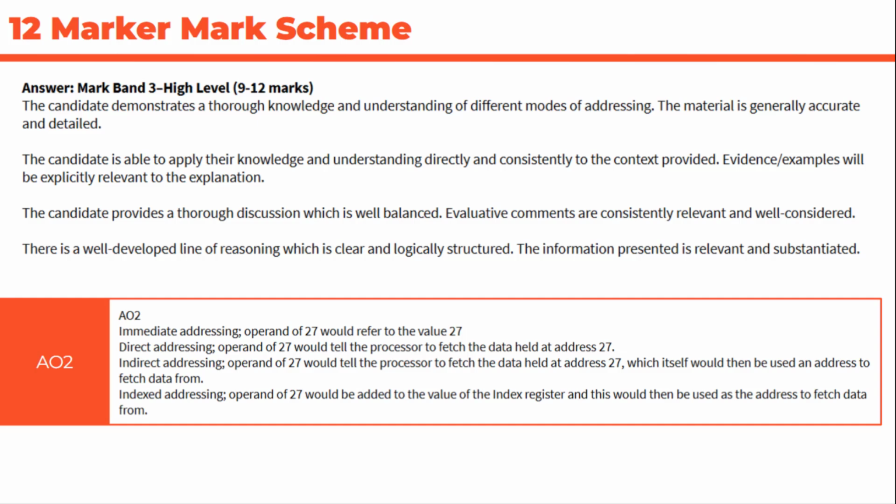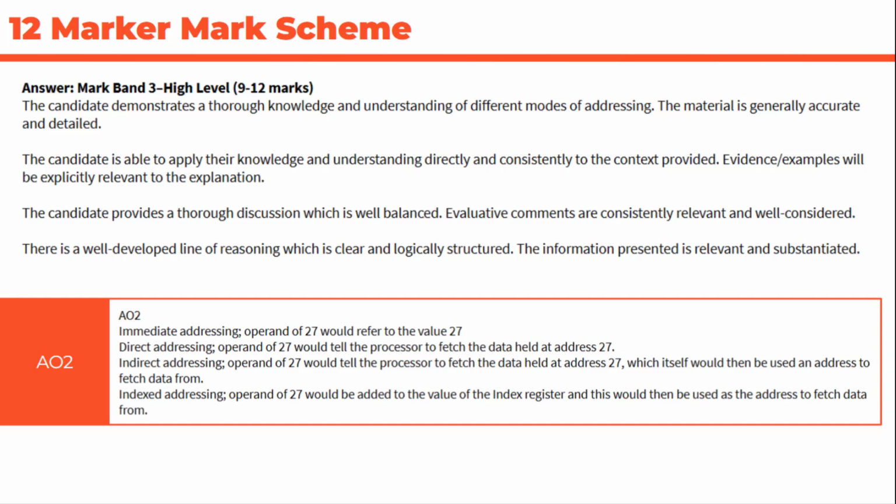Indirect addressing of operand 27 would tell the processor to fetch the data held at 27, which itself would then be used as an address to fetch data from. And then finally, indexed addressing of operand 27 would be added to the value of the index register that would then be used as an address to fetch the data from.